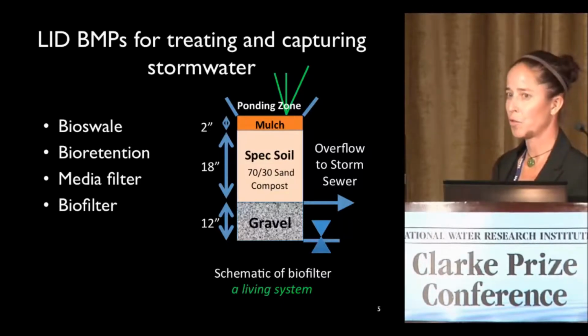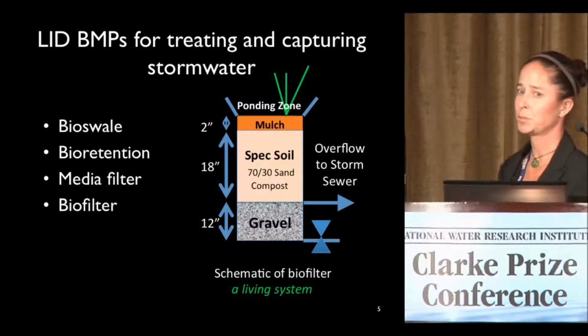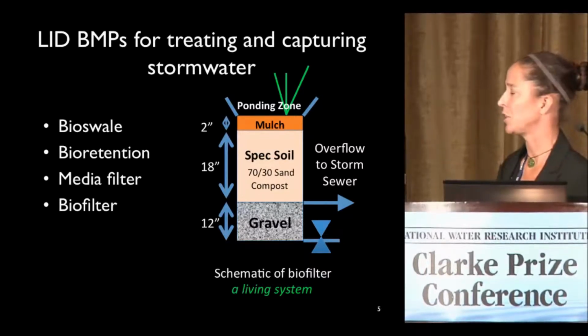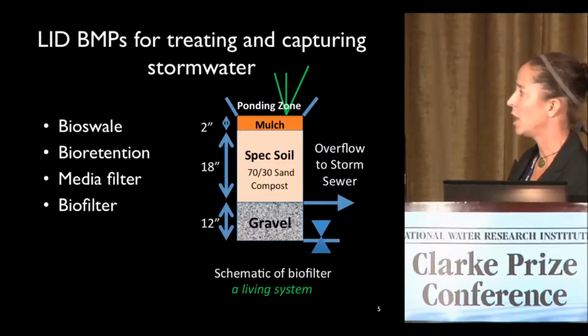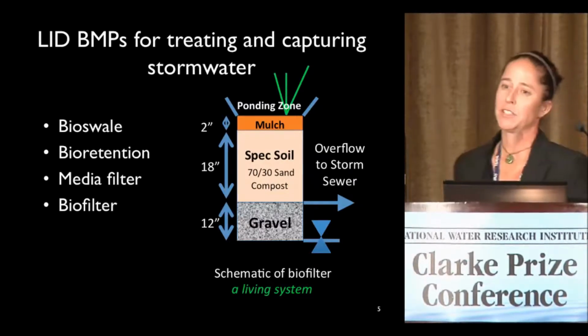It's just hopefully slowing down the stormwater flow, as well as removing some contaminants during the filtration process. If it were a bioretention system, then we would have infiltration, and if it were a media filter, it wouldn't have any vegetation.